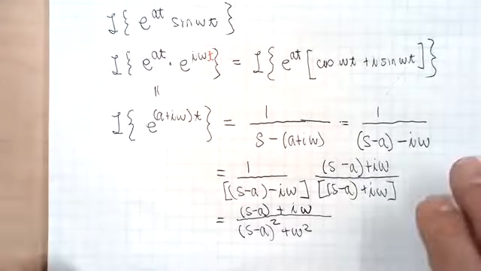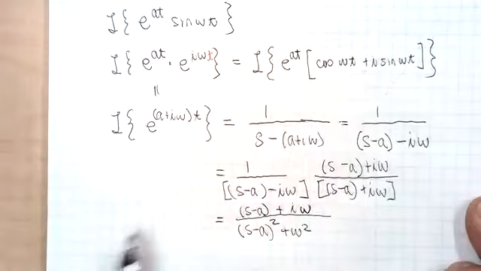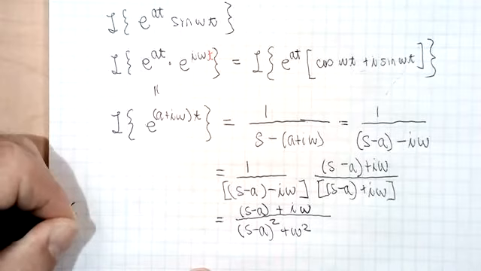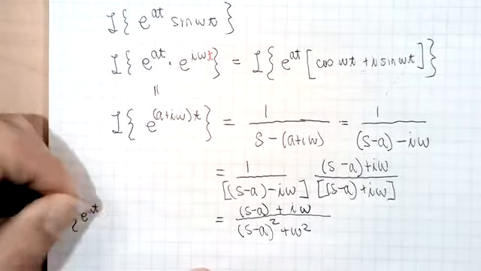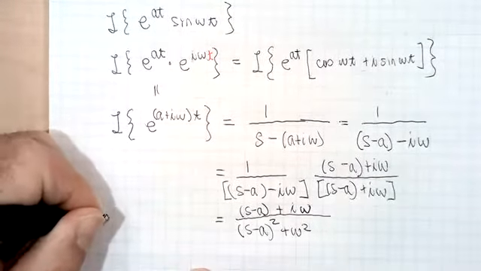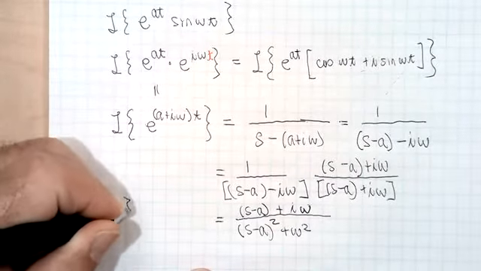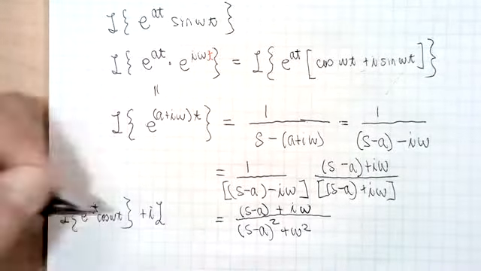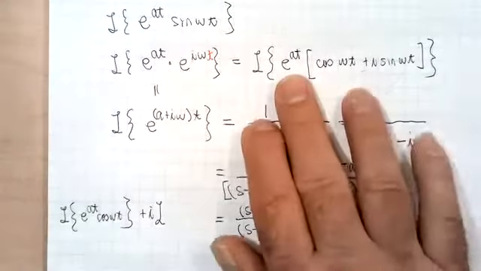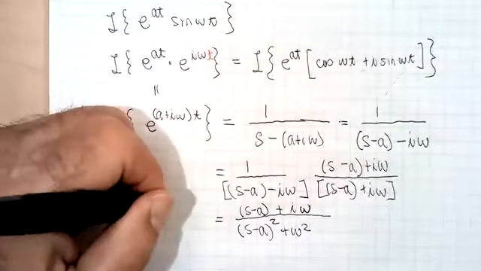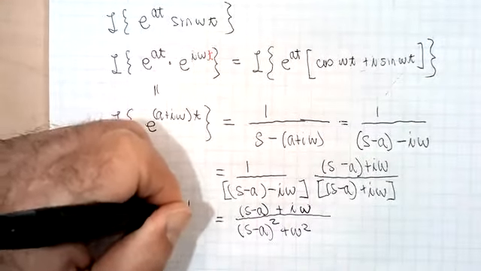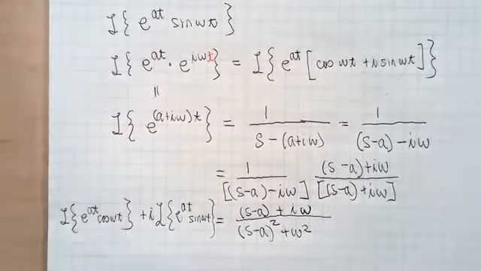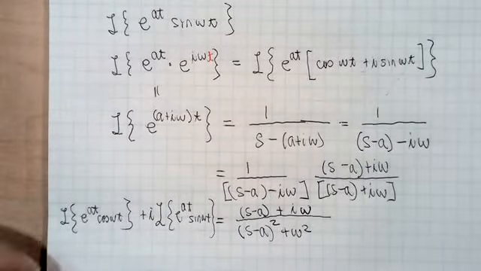So let me copy this down here, except I'm going to split it into real and imaginary parts. It's the Laplace transform of e to the at cosine omega t plus I times the Laplace transform of e to the at sine omega t. And it was a bit of a squeeze, but it worked.